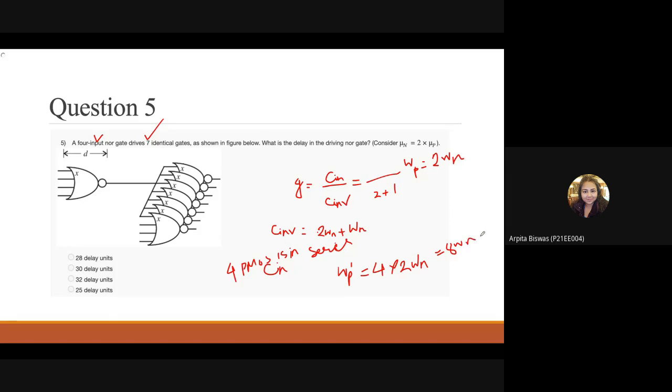So in input capacitance per unit, the point is 4 NMOS in parallel, so only one active NMOS is enough. So one NMOS is participating and 4 PMOS is participating. So input capacitance per unit.